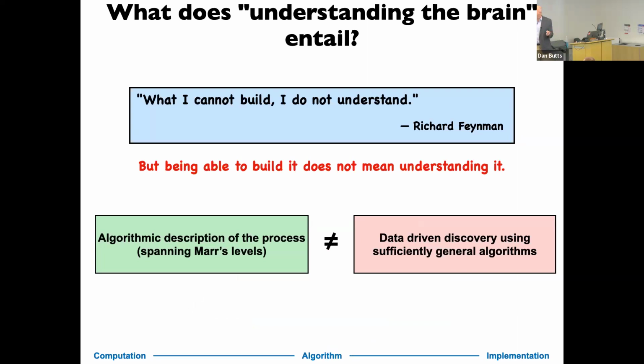In the sense of trying to understand the brain from the largest perspectives, which would be computation, what the brain is trying to accomplish; algorithm, the specific ways it accomplishes that; and implementation, the mechanisms.